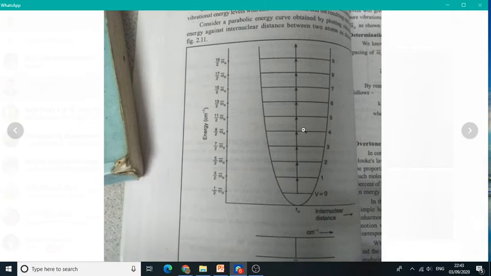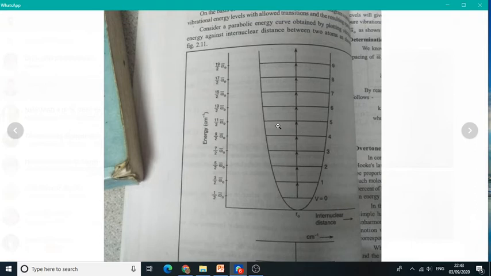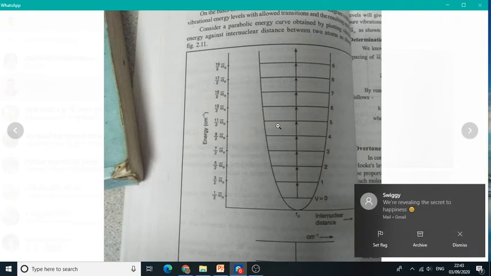And the vibrational energy of a diatomic molecule is given by the equation E phi equal to phi plus 1/2 into h omega oscillation, where omega oscillation is the oscillation frequency. Real diatomic molecules do not obey Hooke's law.